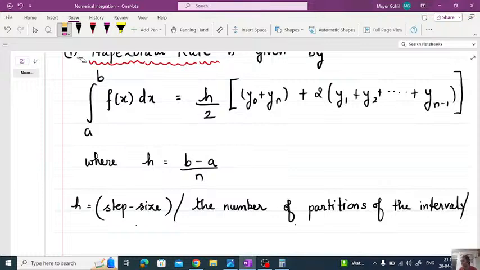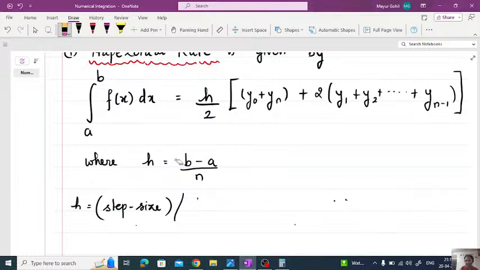This is the step size, so till how many increments you want. Step size would be better. N is going to be your ordinates.